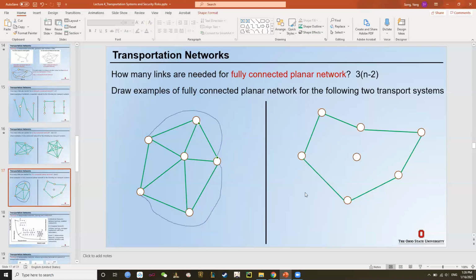So even if there are more links, it's easy to exhaust all of them, right? The structure here stays the same. Just use the principle here, right? Connect each pair of nodes, right? Start from surrounding nodes and then take care of the central node.